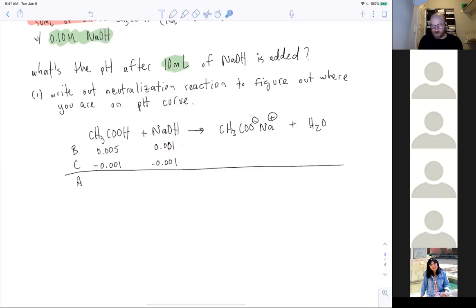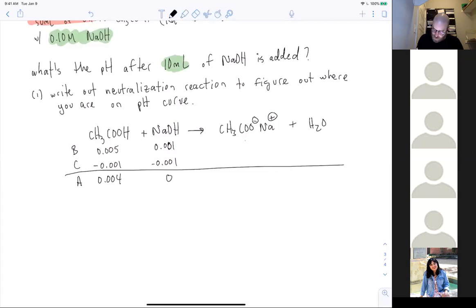At the end of the reaction, you have no more sodium hydroxide left over. And the amount of acid that you have is going to be reduced by whatever amount of sodium hydroxide you added. So you've neutralized this much of the acid. And so at the end of the reaction, you have 0.004 moles of this, and zero of this.